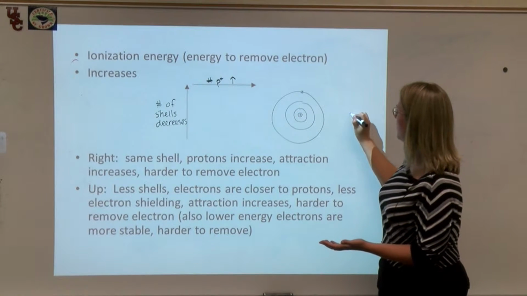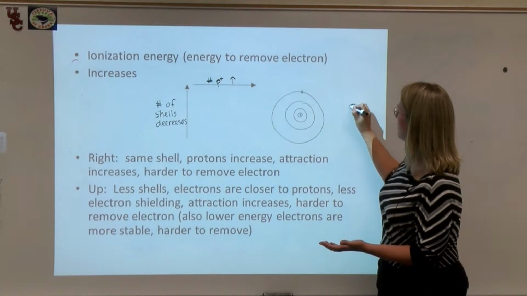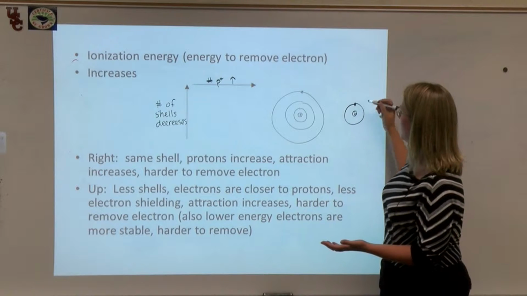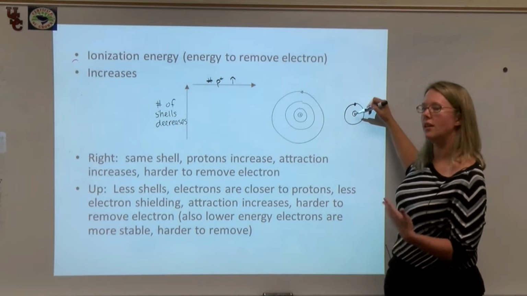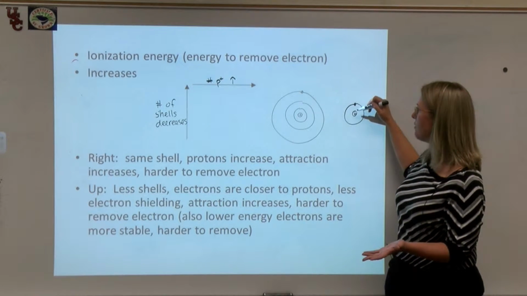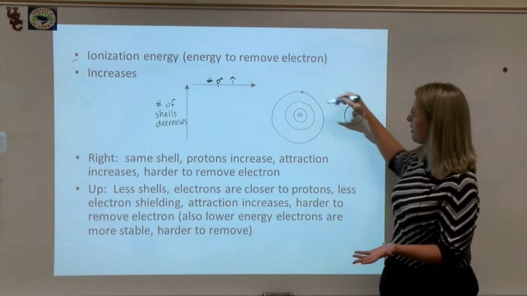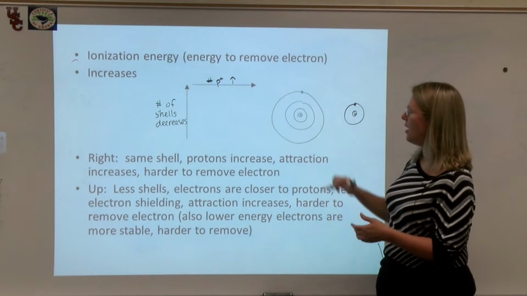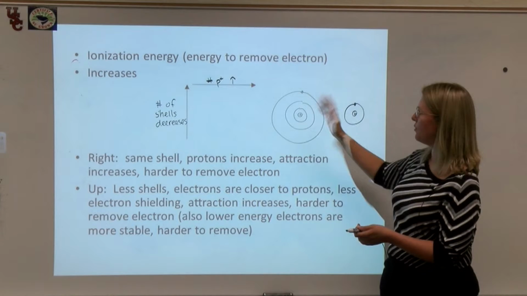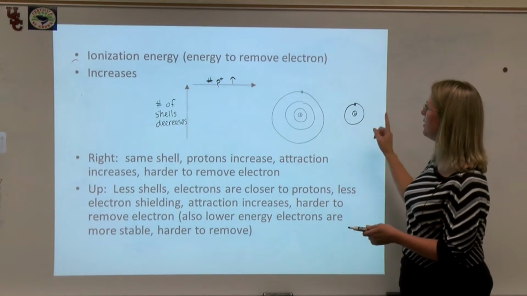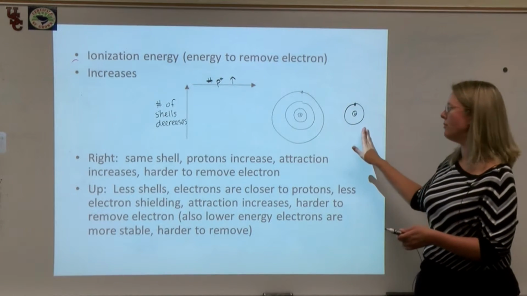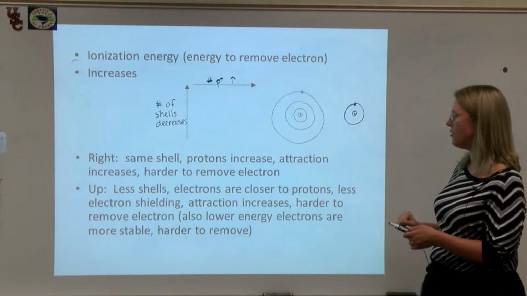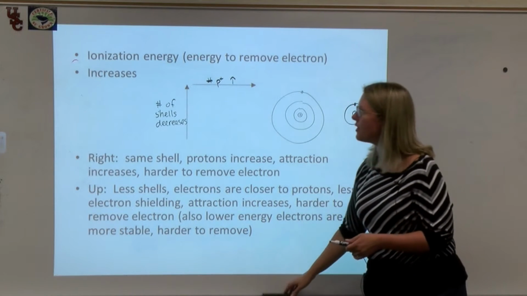And so whenever you decrease the number of shells, say maybe to 1, this electron in the valence shell isn't shielded by any other electrons. And so it's more attraction here, less attraction here. Less attraction, easy to remove, low ionization energy. More attraction, hard to remove, high ionization energy. Okay, so that's your reasoning for there.